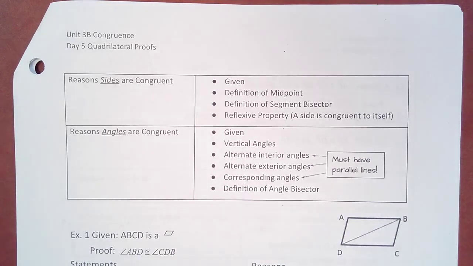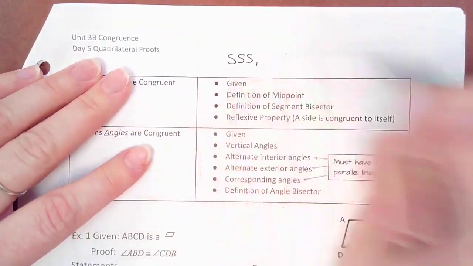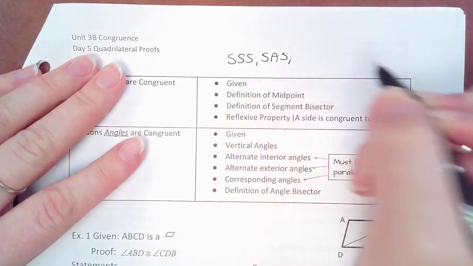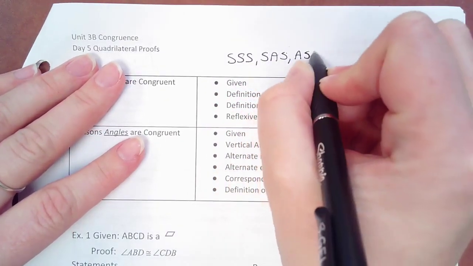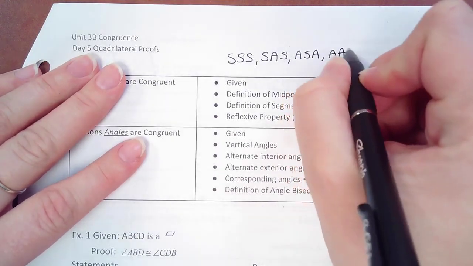So let's recall the 5 ways that we can say that triangles are congruent. We could say side, side, side. We could say side, angle, side. Angle, side, angle. Angle, angle, side.